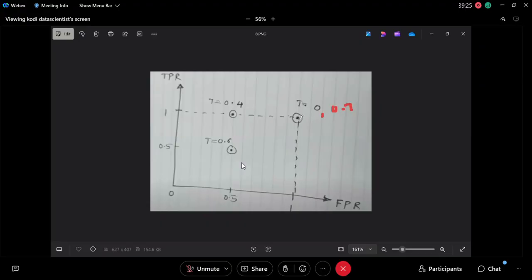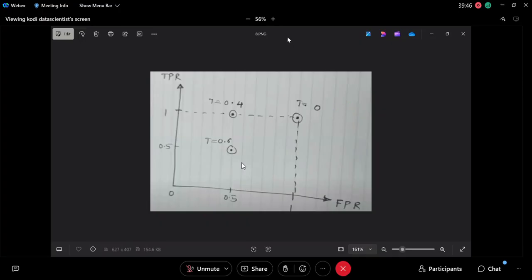Are you clear? At 0.4, 1 and 0.5. Look at these points. At 0.6, TPR 0.5 and FPR 0.5. At 0.8, 0.5 comma 0.